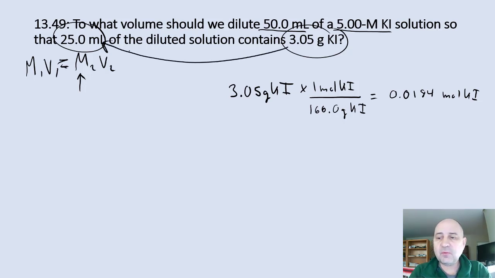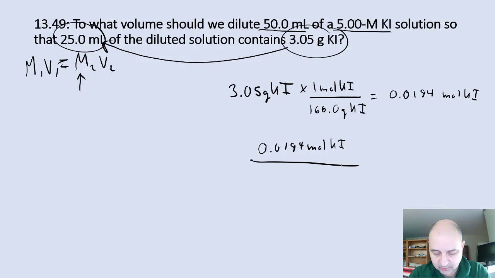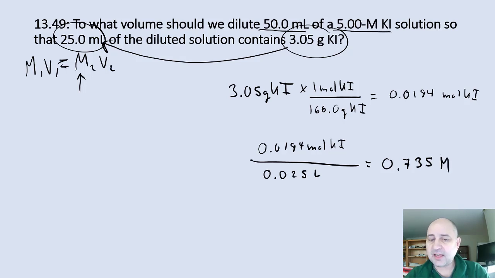So if we then simply say 0.0184 moles of KI, and we divide that by the volume, of course, in liters, 0.025 liters, that gives us a molarity of 0.735 M. So that is actually M2.